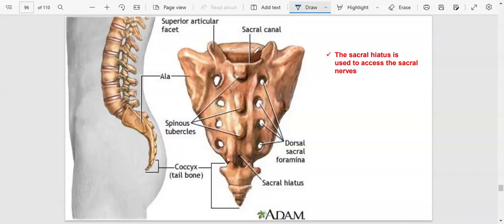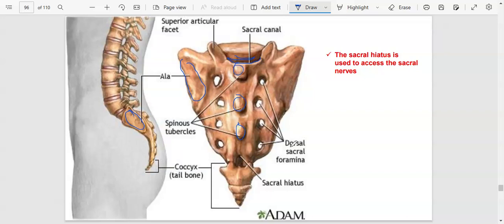We have got a sacral canal. A canal is also an opening. There's an opening here, the sacral canal, and then we have got the ala. This portion here is called the ala, which is found on the side of the sacrum. And then I've got the spinous tubercle. A tubercle is something that comes out.